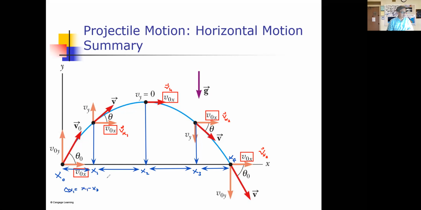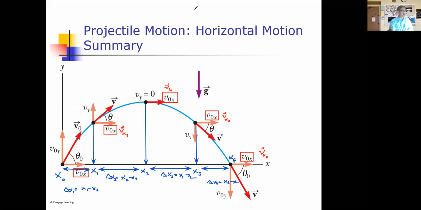This is delta x2, which is x2 minus x1. This is delta x3, which is x3 minus x2. And then finally, delta x4 here, which is x final minus x3.